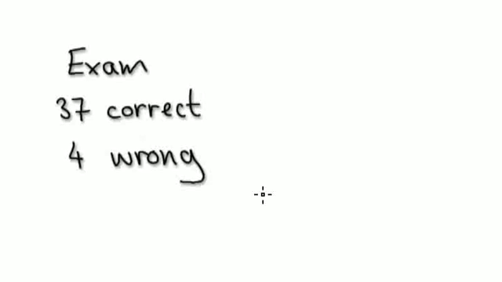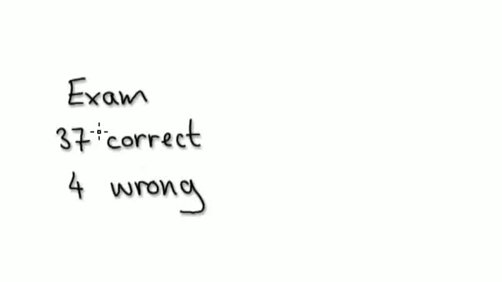Okay, next question here. In an exam, you got 37 correct answers and 4 wrong. What percentage did you get right? So what did you get for this exam as a percentage? Okay. So press pause and have a go. Draw the picture. Okay.